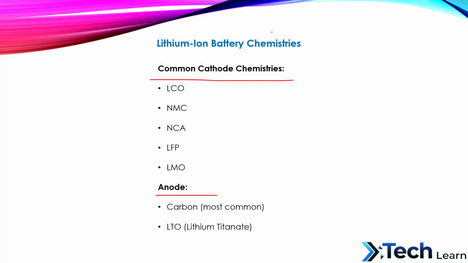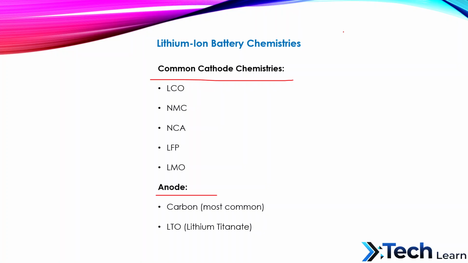For example, LCO offers high energy density but lower safety. NMC offers a balance between energy, power, and safety. LFP provides the highest safety but lower voltage and energy density. LTO is an anode material that offers extremely long cycle life and fast charging but low energy density. Depending upon these chemistries, lithium-ion cells are categorized.